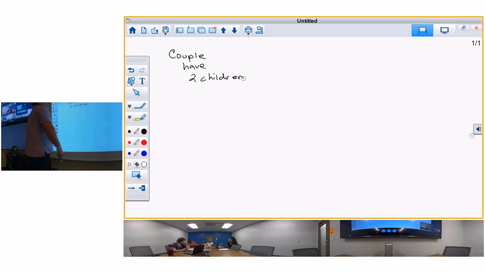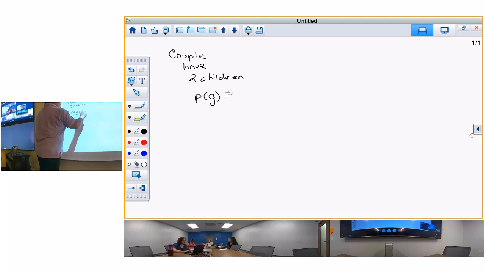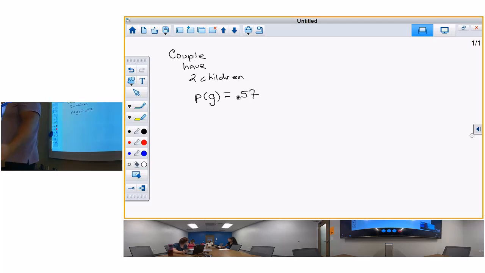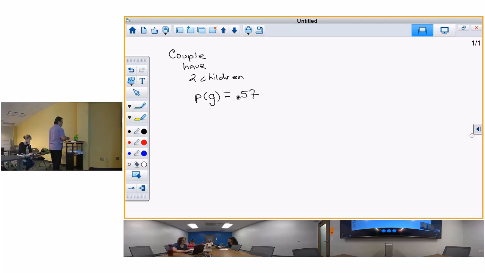Some people, it has been determined that people in this state have a probability of girls being 0.57 instead of what? What is the normal probability of a girl? 0.5. But they're saying in this state, or in this county, or in this doctor's office, our patients have a different probability. They'll tell you this.